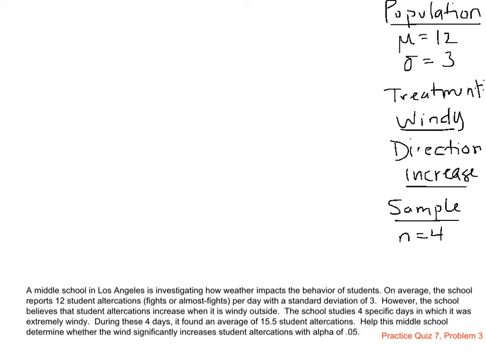And then the problem says during these 4 days, it found an average of 15.5 student altercations. So the M is 15.5 fights. And then finally it says, help this middle school determine whether the wind significantly increases, again there's the word increases, student altercations with an alpha of 0.05. So my last piece of information, I'll put it over here, is that my alpha equals 0.05.